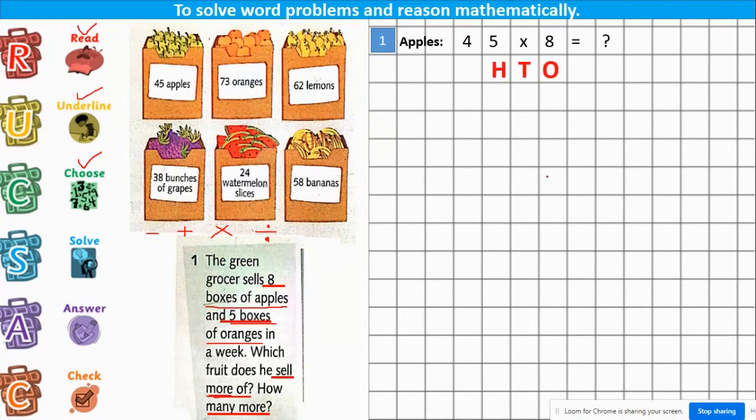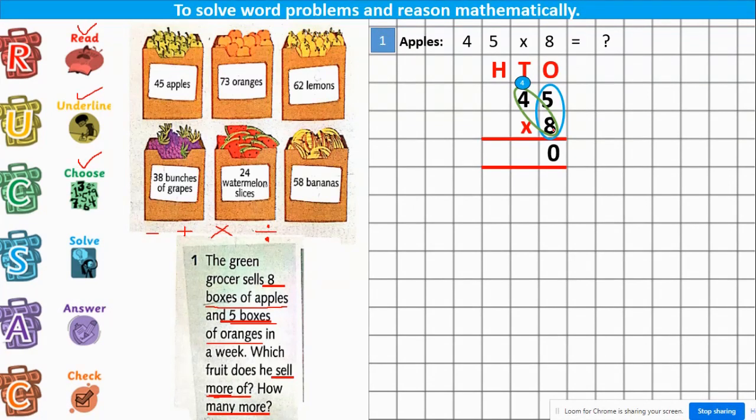Okay. So write the numbers in the correct place value with the correct sign over here. So we first multiply 8 and 5 in the ones place. 8 fives is 40. So we write 0 down and 4 is carried over on top over here.